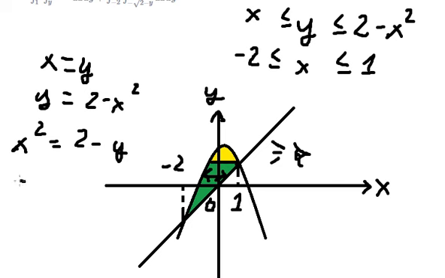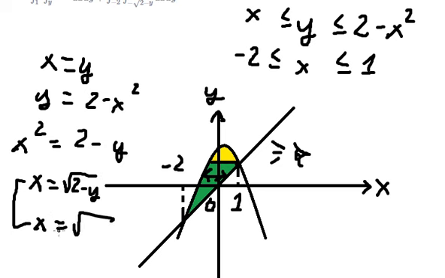Now we take the square root, and you get x equals the square root of 2 minus y, and x equals negative the square root of 2 minus y. So x equals the square root of 2 minus y is about this one.